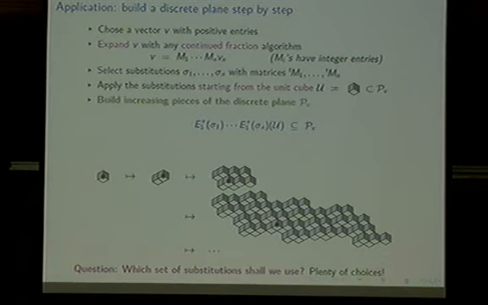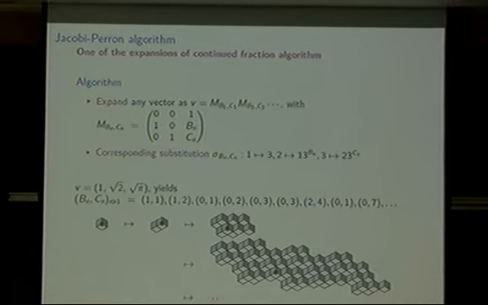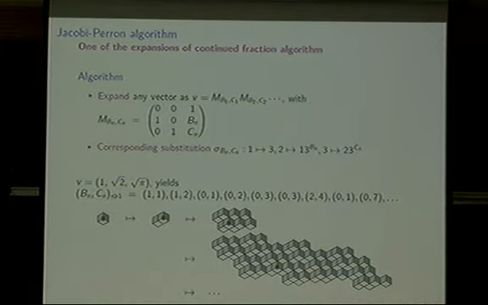Okay? But this is very dependent on the choice of the substitutions. I always obtain a piece of my discrete plane, but the shape and the pieces I will obtain are dependent on the choice of substitutions. And actually there are many possible choices. So you can use a Jacobi-Perron algorithm, which is the example before, a generalization of the continued fraction algorithm.